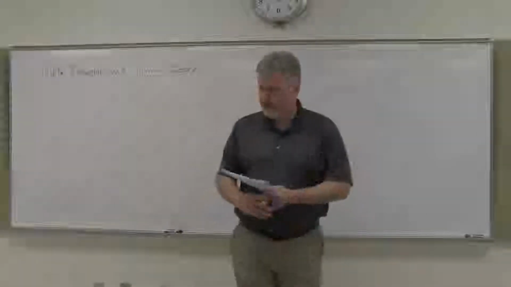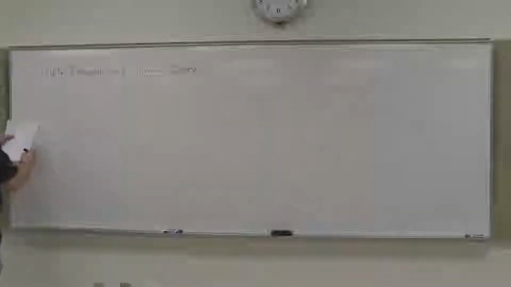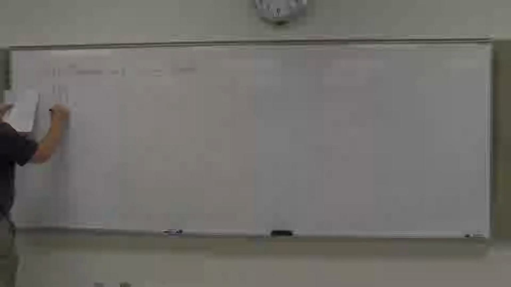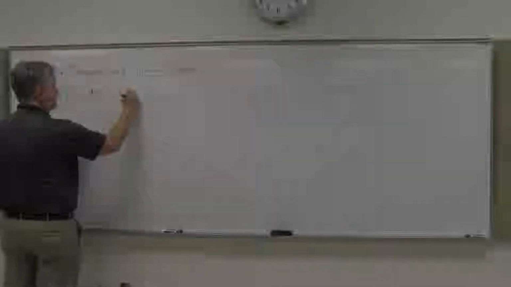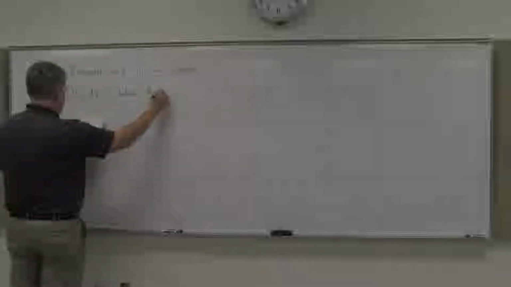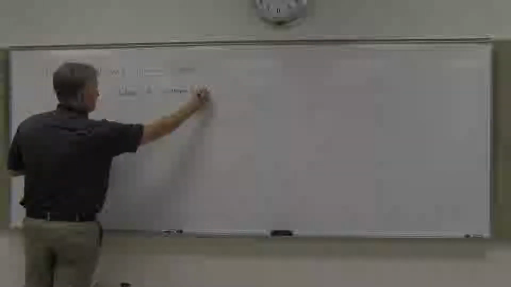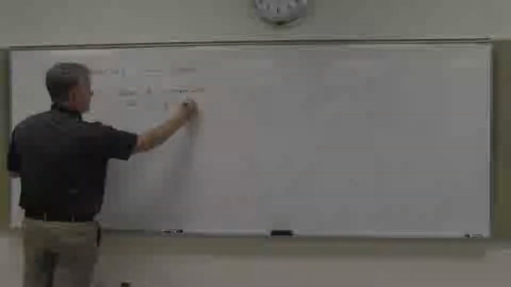All right, so let's do a triple integral and do it in spherical. We've got the triple integral over E of 16z dV, and E here is the upper half of x squared plus y squared plus z squared equals 1, which we were just talking about.